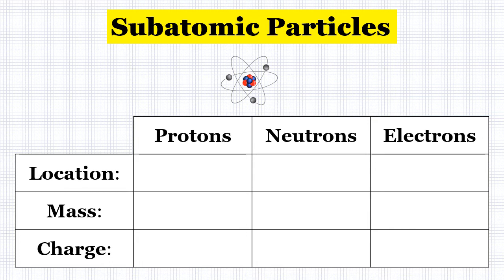So let's talk about these three particles. So first of all, protons are located in the nucleus. Neutrons are also located in the nucleus. Electrons are located in the electron cloud.